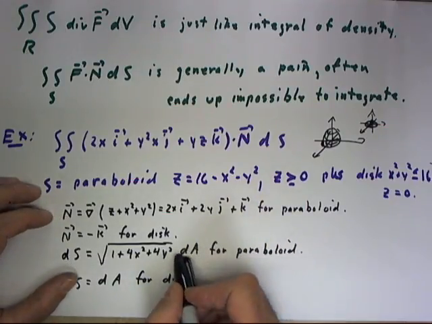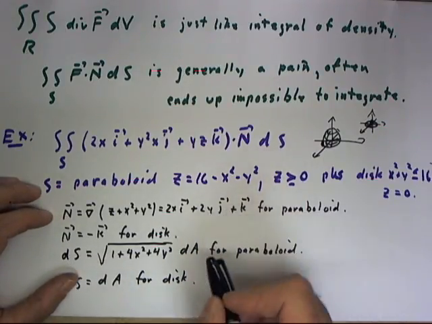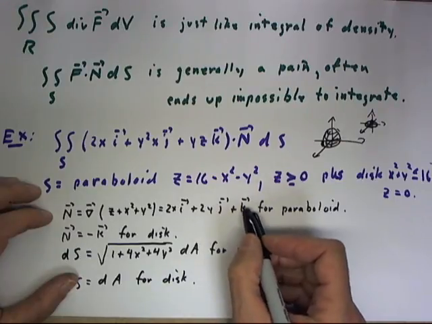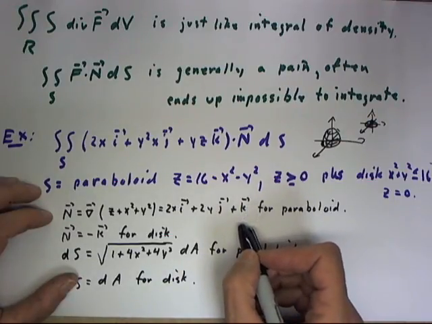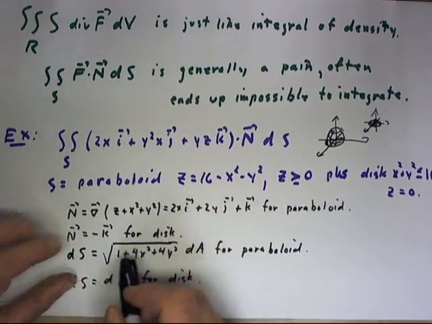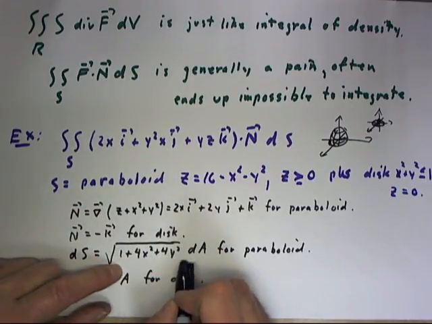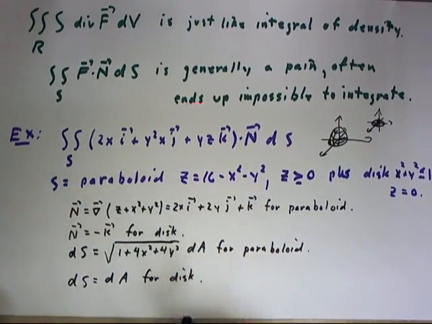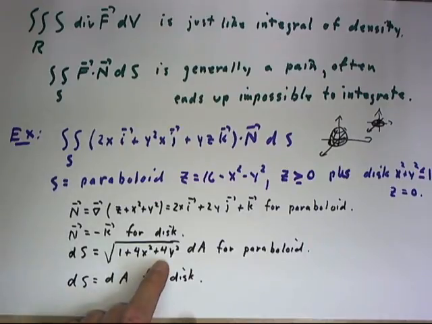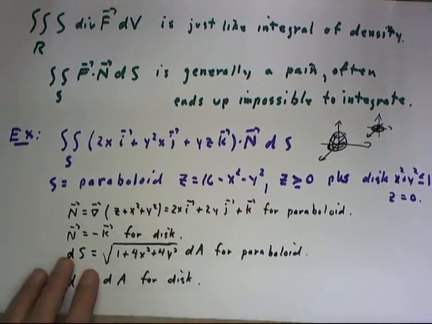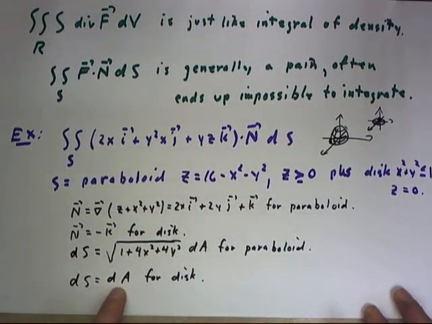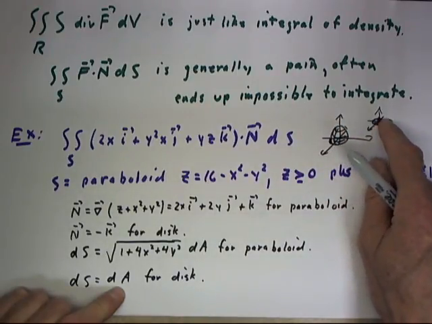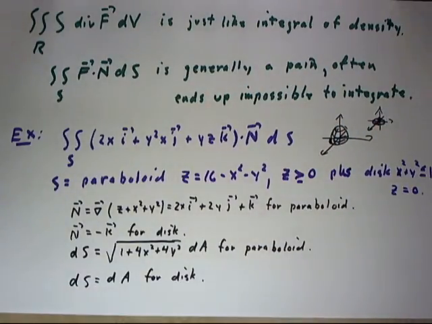We're dividing our dA by the dot product divided by the magnitude, and that gives us this. I'm not going to go through those details again here, but it's easy to write that down. And dS is just equal to dA for the disk because the disk is already in its own plane.